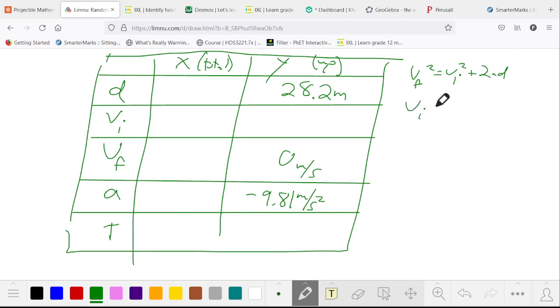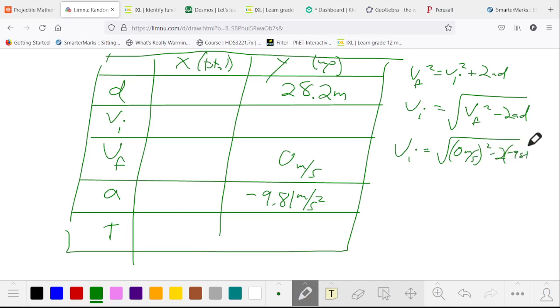So here our Vi, in the y direction at least, is the square root of Vf squared minus 2ad. So that's the square root of 0 meters per second squared minus 2 times negative 9.81 meters per second squared, and times our 28.2 meters.